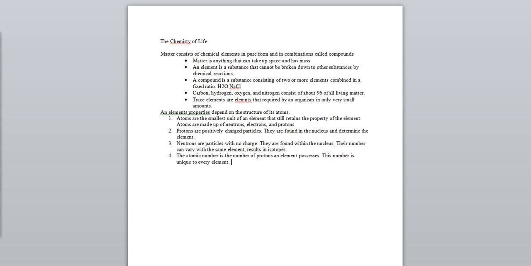So if you had an element such as fluorine and, let's say, gold, they would have different atomic numbers. If they had the same number, they would have to be the same element. The mass number of an element is the sum of its protons and neutrons.